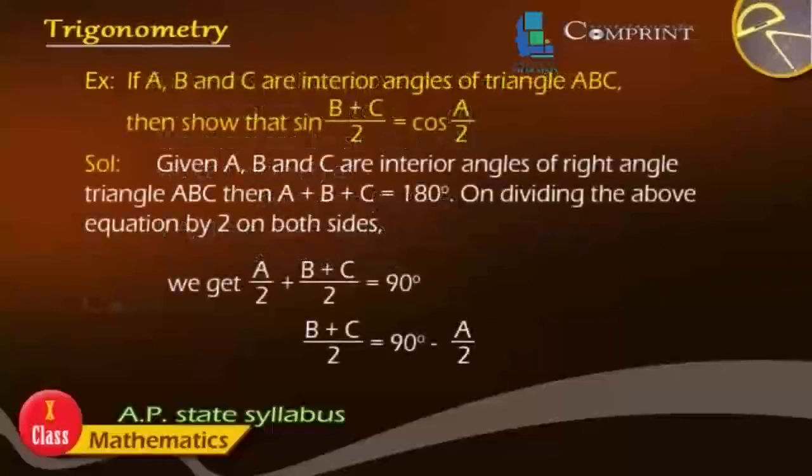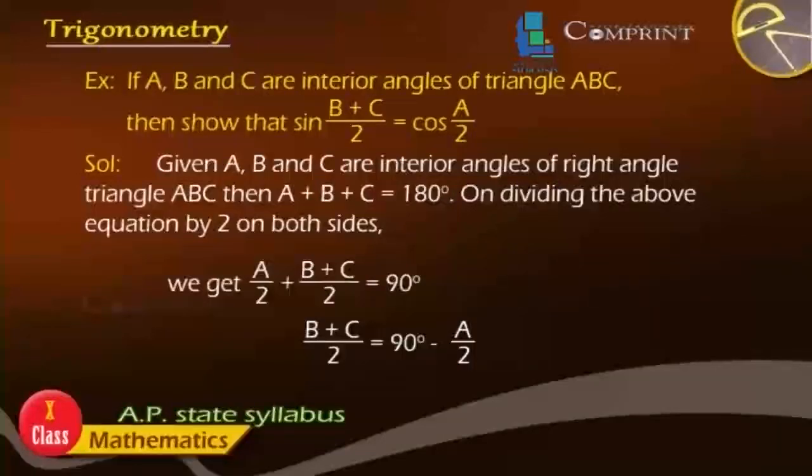Example: if A, B and C are interior angles of triangle ABC, then show that sin((B + C)/2) = cos(A/2). Solution: given A, B and C are interior angles of triangle ABC, then A + B + C = 180°.